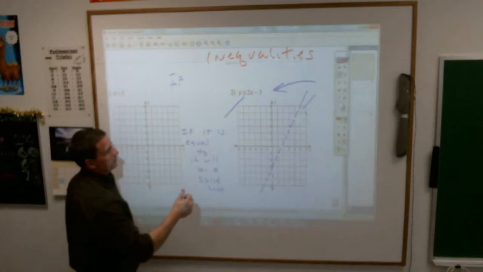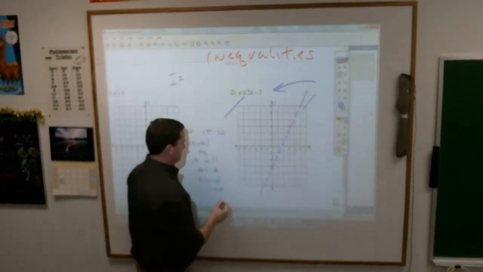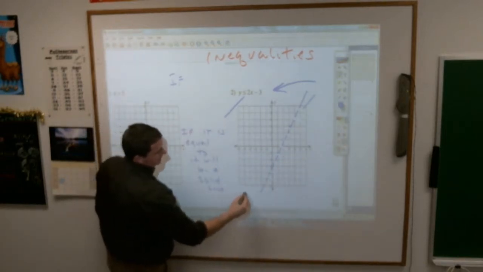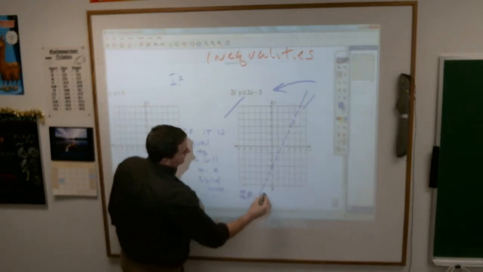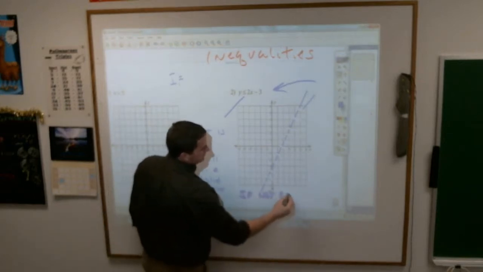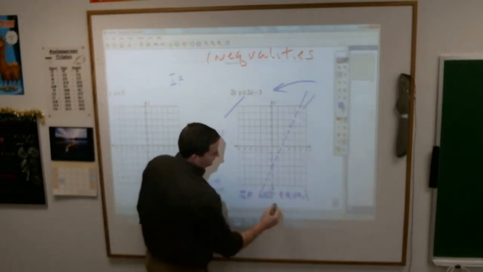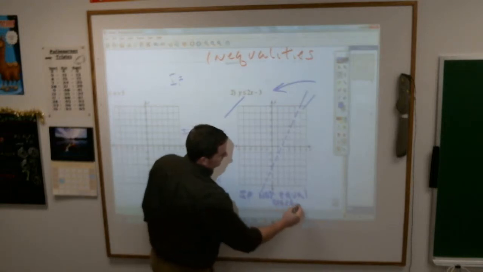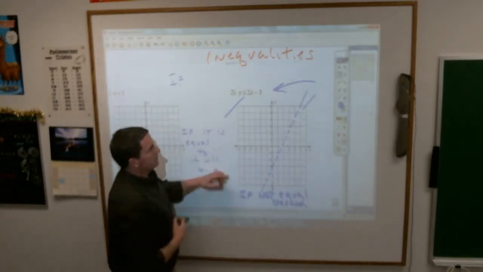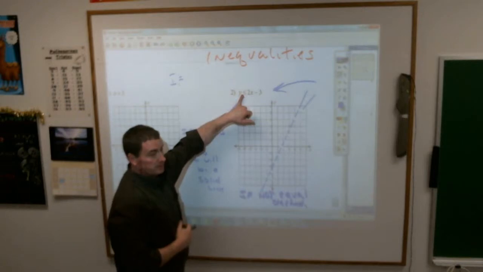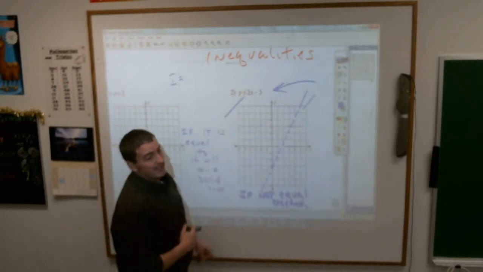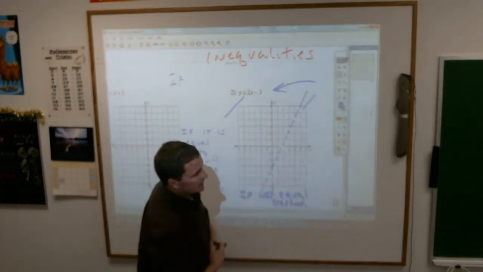So we should write that down. If it is not equal, it's a dashed line. If there is no little line under the inequality that says it's equal, it's going to be a dashed line. Otherwise, it's going to be a solid line.